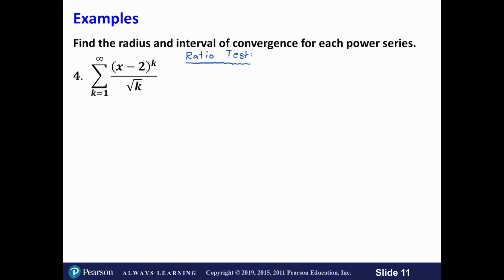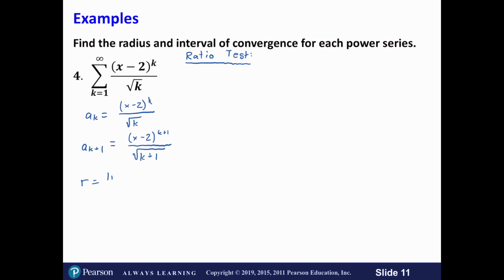All right, so let's define a_k to be x minus 2 to the k power all over the square root of k, and a_(k+1) is equal to x minus 2 to the k plus 1 all over the square root of k plus 1.